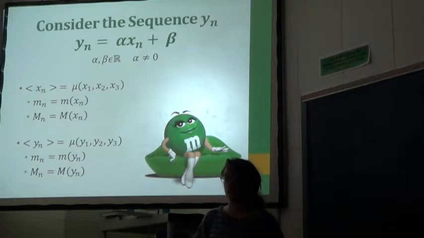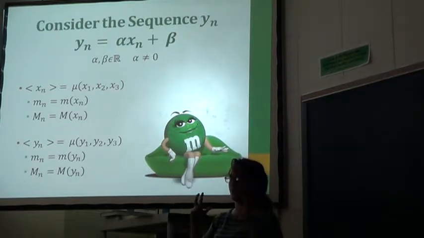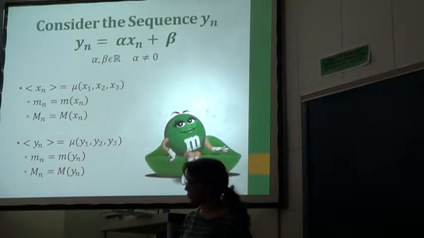We're going to use some alternate notation since we're using 2 different sequences now, so that we don't get them confused. We were using little m sub n, now we're going to use little m sub x sub n, just so we know which is different.